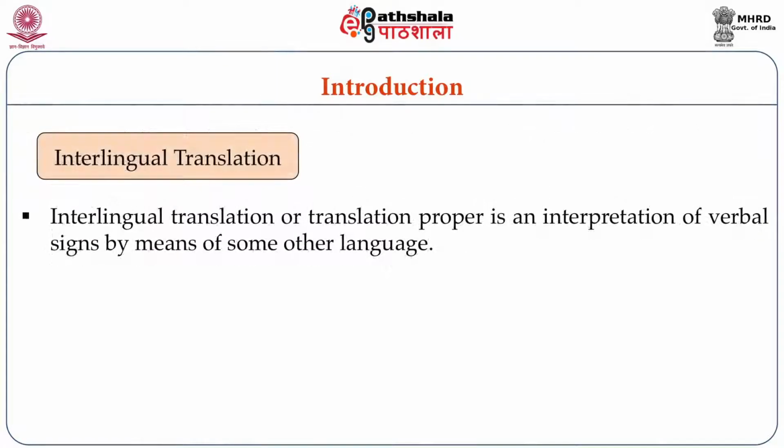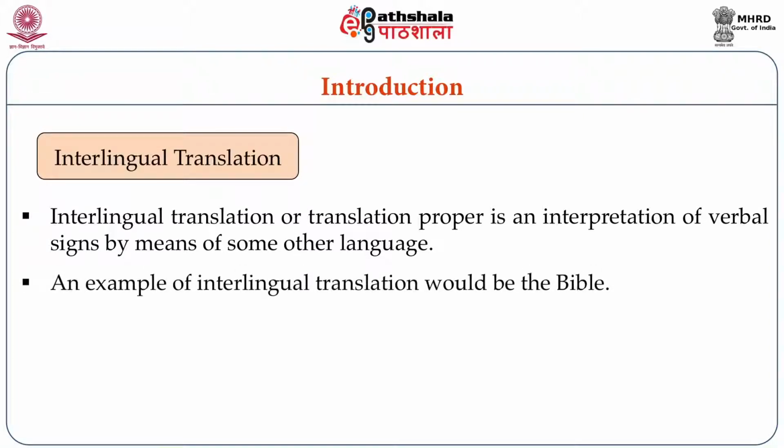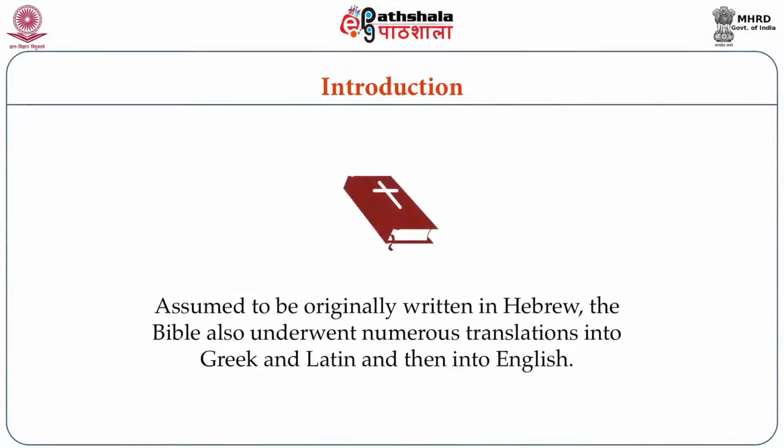Now, interlingual translation. Interlingual translation or translation proper is an interpretation of verbal signs by means of some other language. An example of interlingual translation would be the Bible. Assumed to be originally written in Hebrew, the Bible also underwent numerous translations into Greek and Latin and then into English.